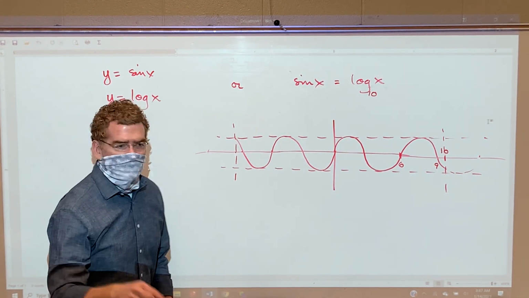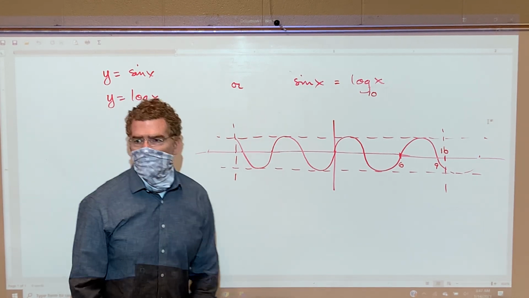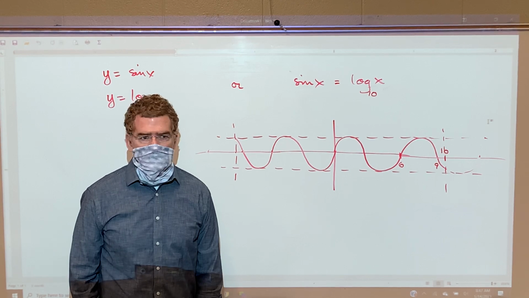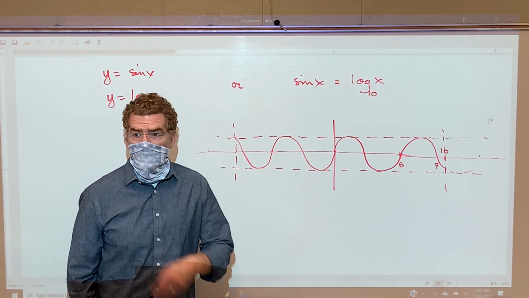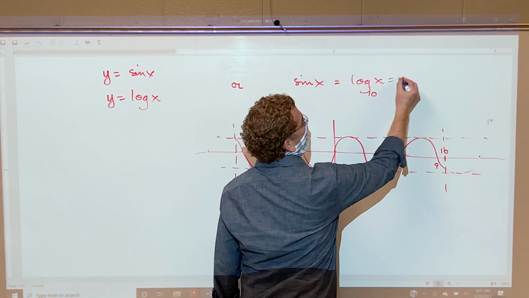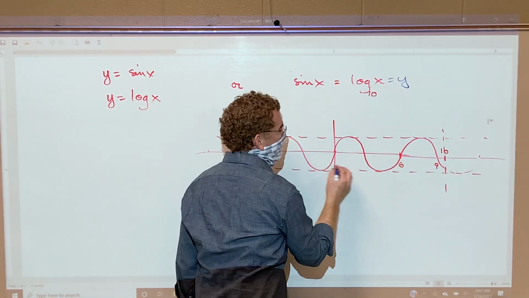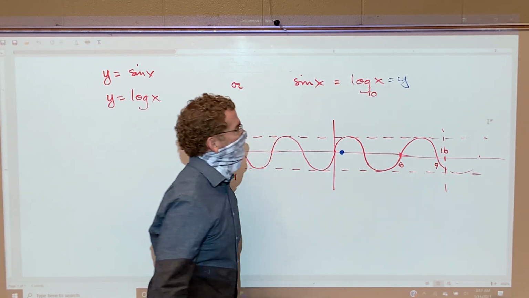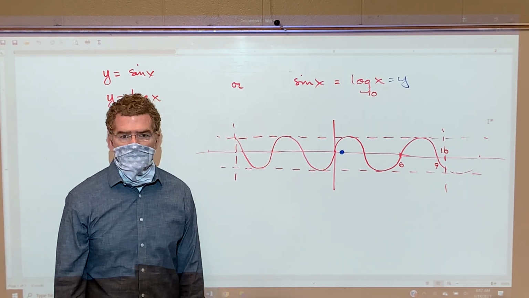How do I graph log base 10 of x? What points can you graph on a logarithm that are easy for you? 1's great. What's log of 1? So when x is 1, y is 0, well, if that's 6 and that's 3, this is about 1, so there's a point. What would be another point? 10.